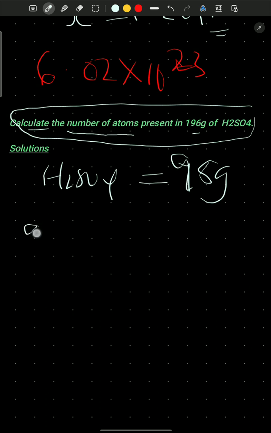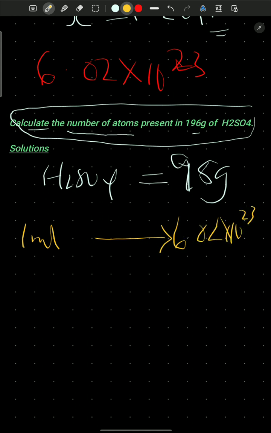Okay, look at it. This is what I'm trying to say. From what I've explained to you guys, 1 mole of any substance will contain 6.02 times 10 raised to the power 23. Good. So instead of writing 1 mole, we know that 1 mole is the same thing as what? 98 grams.